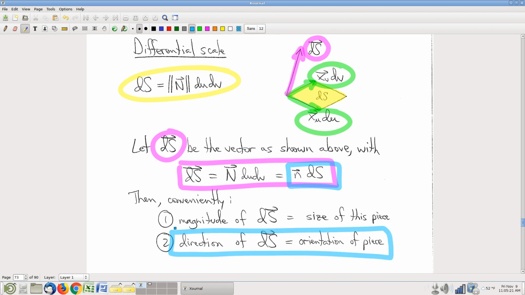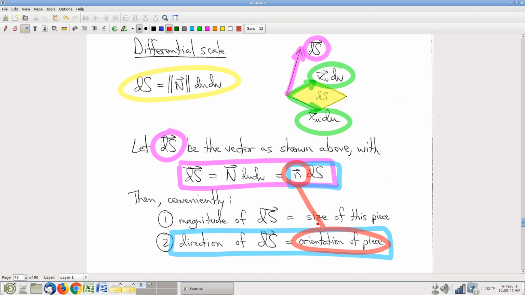Well, you can see it right here. What's the orientation of your piece? Keep in mind that normal vector is going to point perpendicular to your piece of surface, right? That perpendicular unit vector, little n, tells you how that piece of surface is oriented, whether we're talking about something like that, or something like this, or something like that, or what have you.